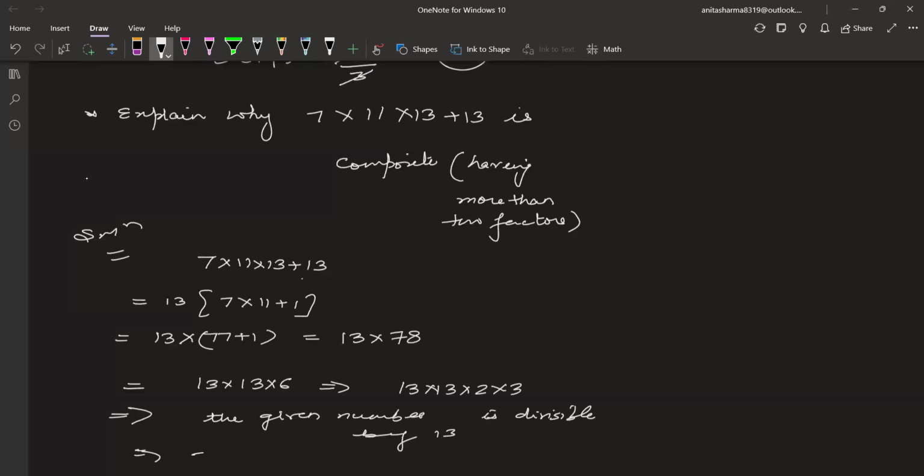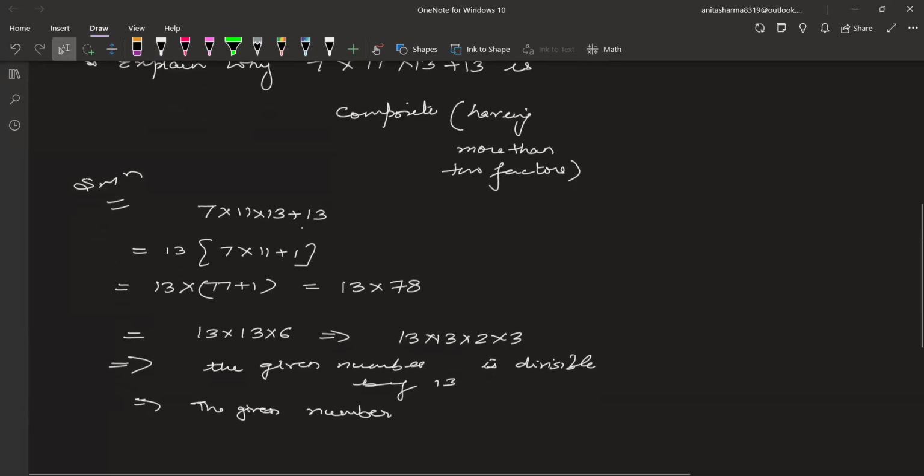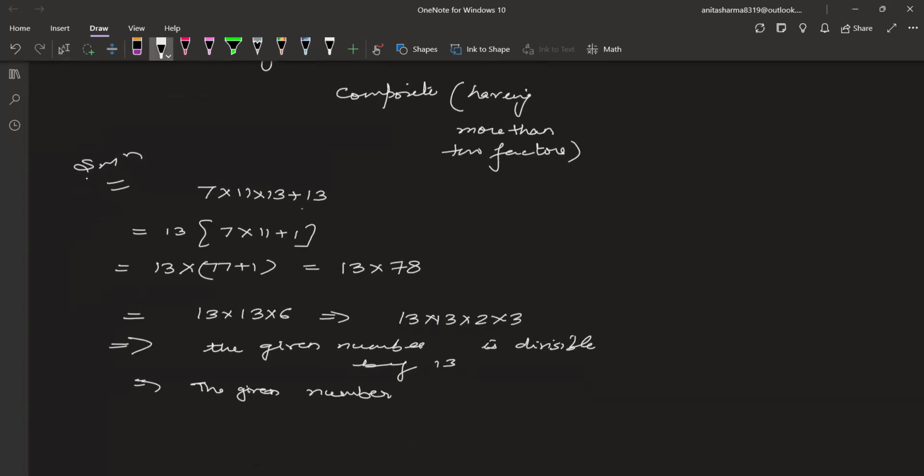Ma'am, is this the FTA method? See, beta, what you have to do is just take the common factor.